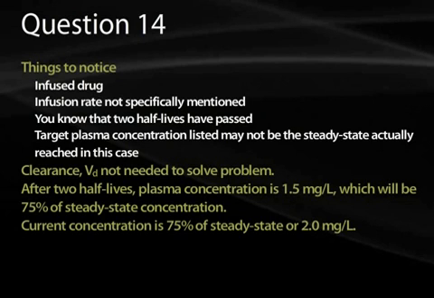If 1.5 milligrams per liter is 75, then 2.0 is 100%. As you can see, 2.0 milligrams per liter is less than what your target was.